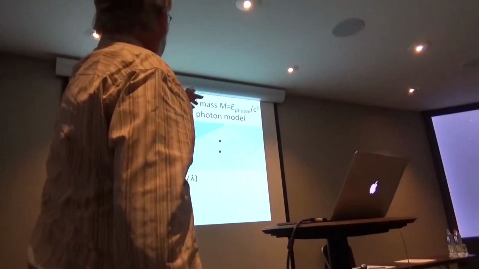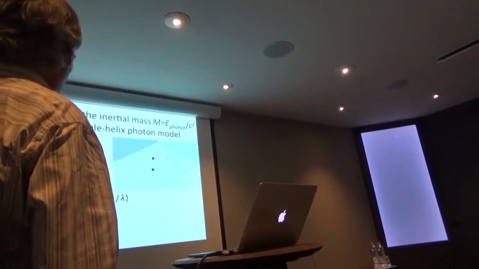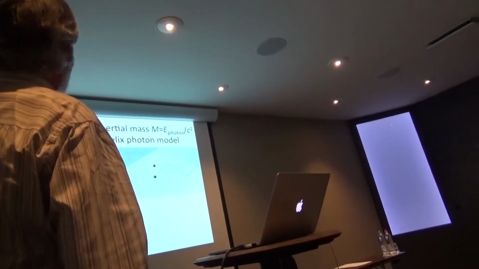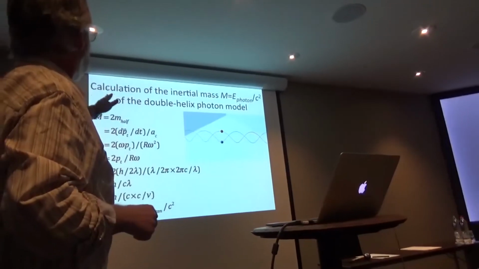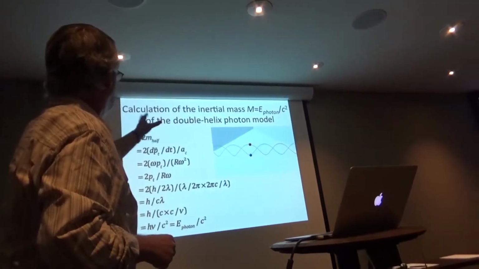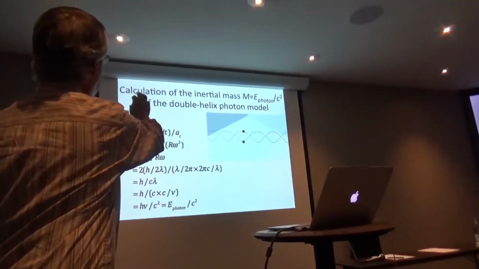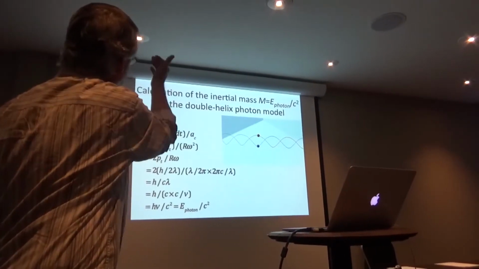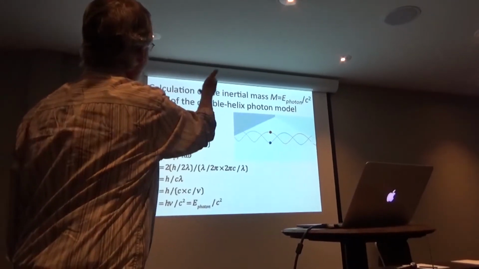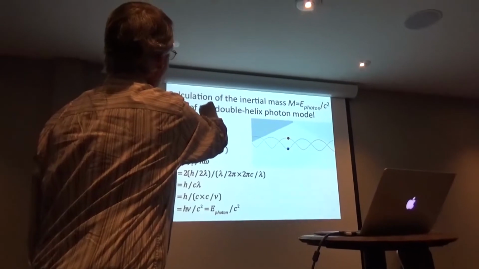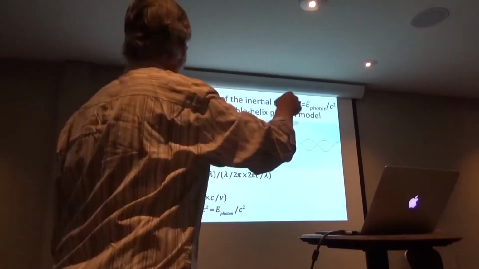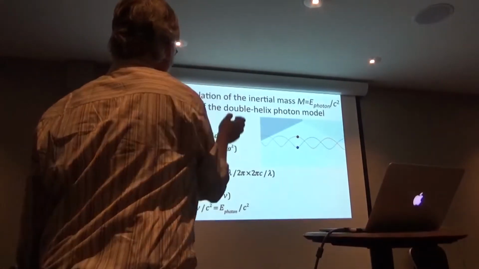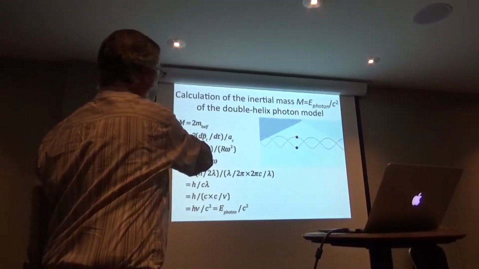If you do that for the photon model, for the two half photon models, it's 2 times the dp/dt over the centripetal acceleration. Each of those dp/dt is equal to omega times p of the transverse component, and centripetal acceleration is r omega squared, where omega is the angular frequency of the photon. That reduces finally to E photon over c squared.